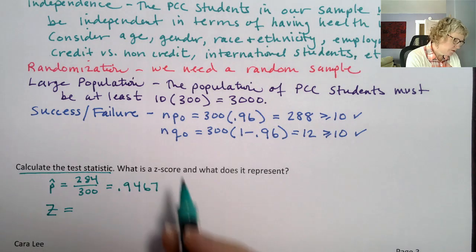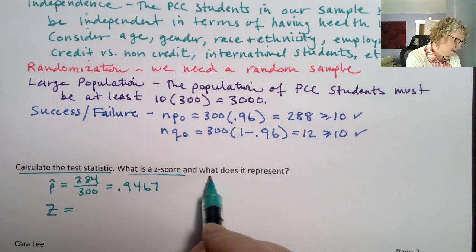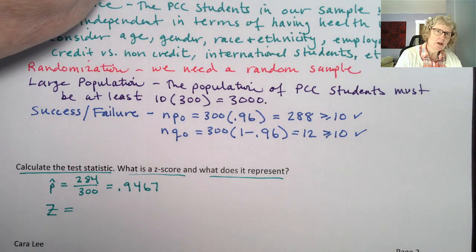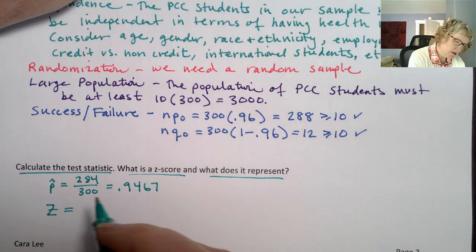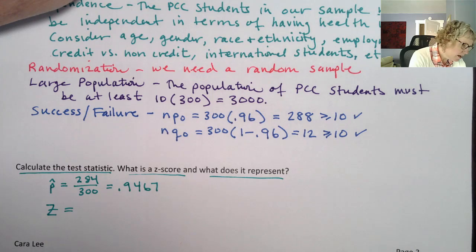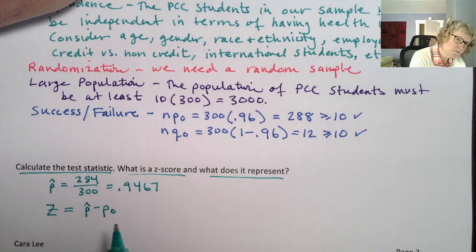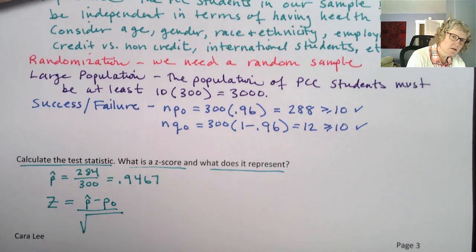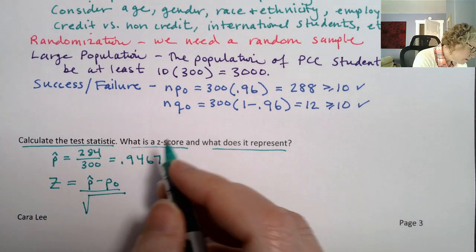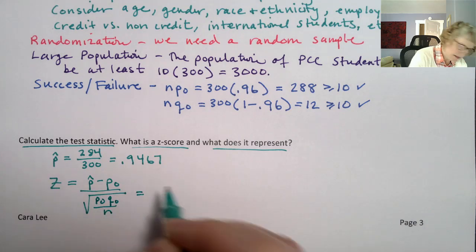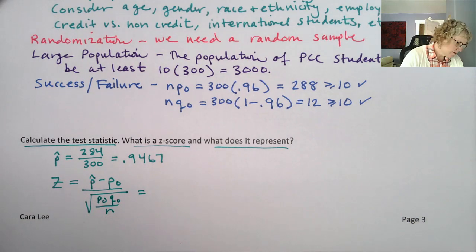I also have a spot here to review: what is a z-score and what does it represent? We're going to use our formula, which is up higher on this page. So I'm just going to rewrite the formula. P hat minus P0 over the square root of P0 Q0 over N. Now I'm going to plug this in.